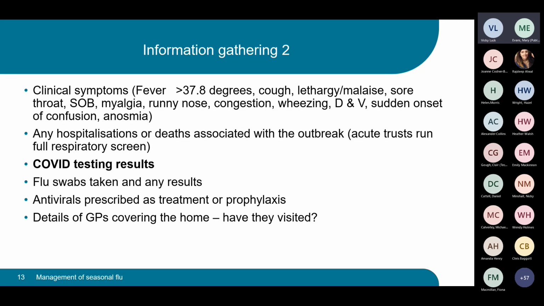Asking if any swabs have been taken, and also early conversations about whether anybody has prescribed treatment or prophylaxis treatment, and also asking information about the GP who covers the home. And again, that's quite important because quite often there can be multiple GPs that cover particularly large settings.